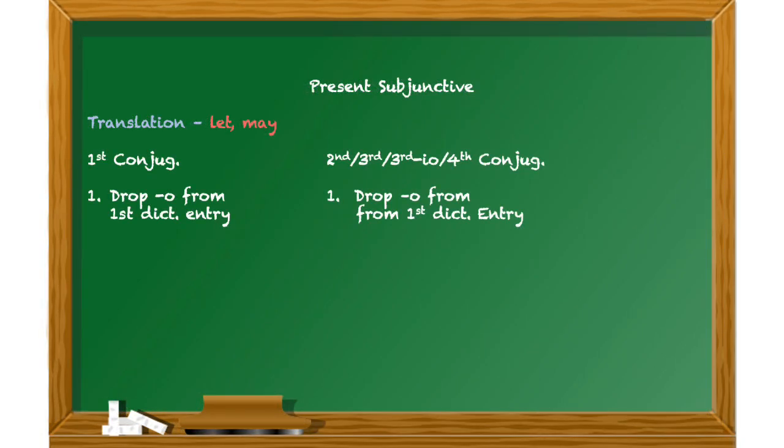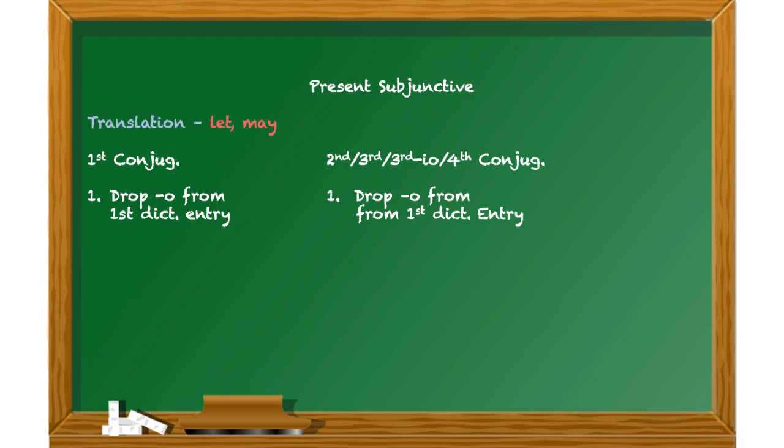Now when it comes to the Latin, we'll set up our chart here, and at any time as the video is going on, if you need to pause, get your notes copied appropriately, and then continue to the video, do that, or back it up, however you need to. But what's neat about this is that first conjugation has its own set of rules, and then everything else gets grouped together. Second, third IO, and fourth conjugation all get grouped together.